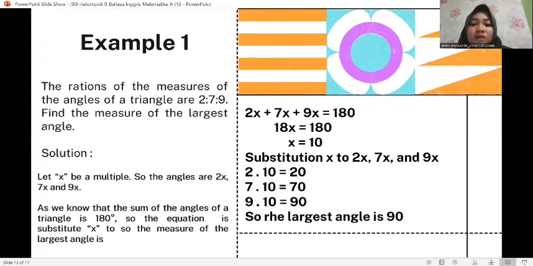From x equals 10, substituting x into 2x, 7x, and 9x: 2 times 10 equals 20, 7 times 10 equals 70, 9 times 10 equals 90. So the largest angle is 90 degrees.